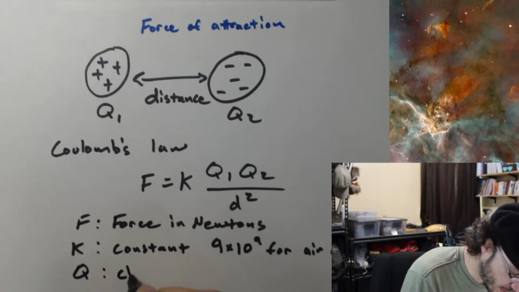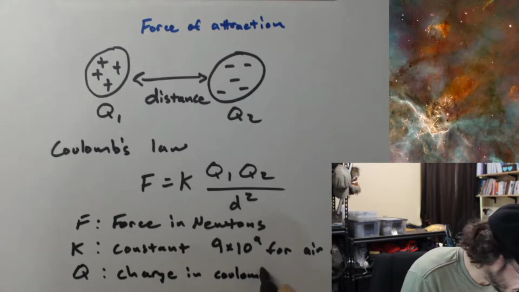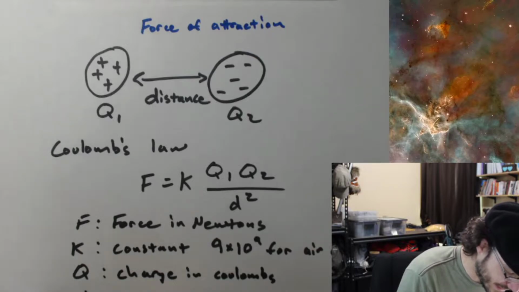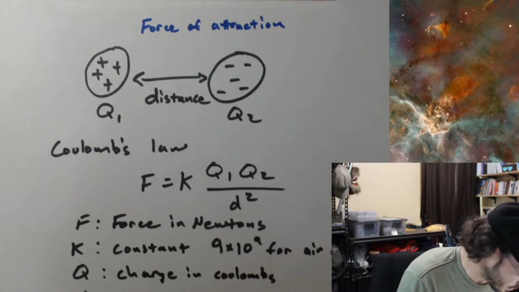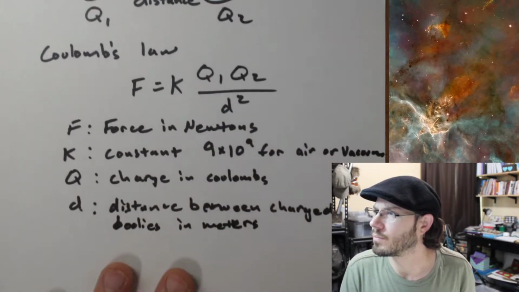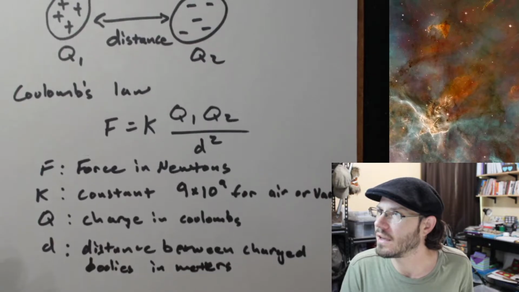Q is charge in coulombs. And D is distance between the charged bodies in meters.